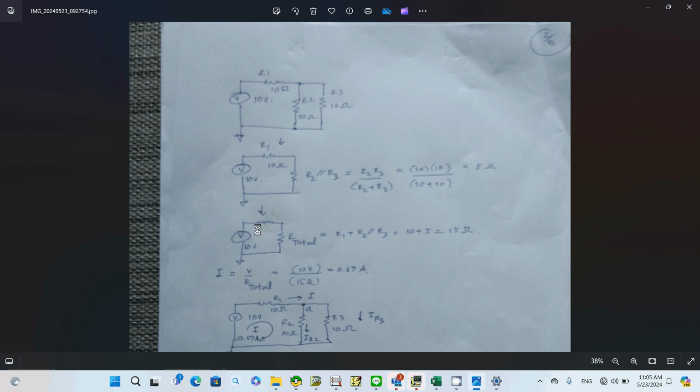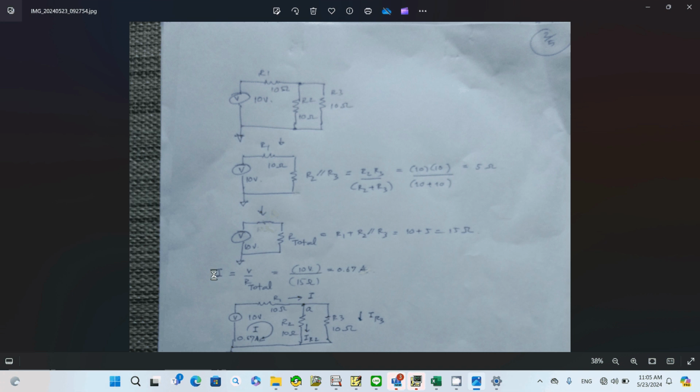And now it's easy to analyze because you have the voltage, R1 and the parallel combination all in series. So R total is simply equal to R1 plus R2 in parallel with R3. That becomes 10 plus 5, which gives you 15 ohms.